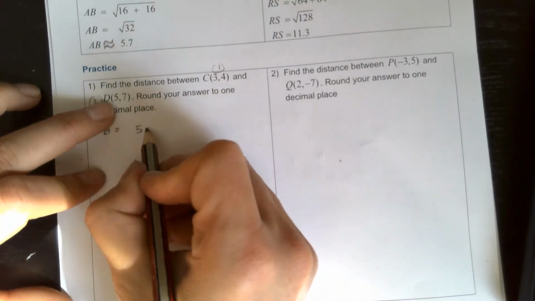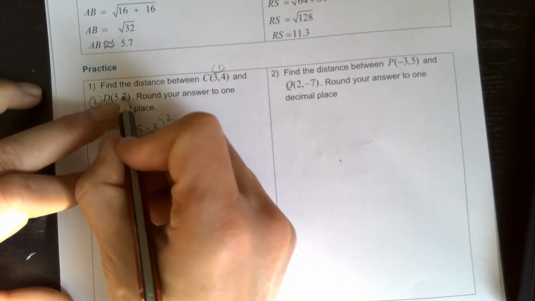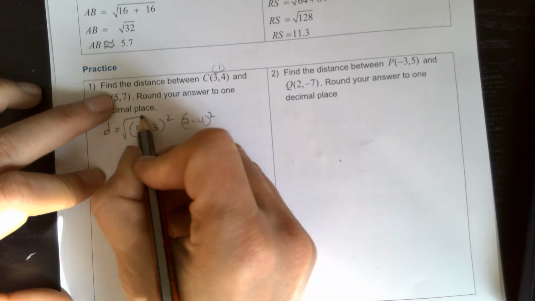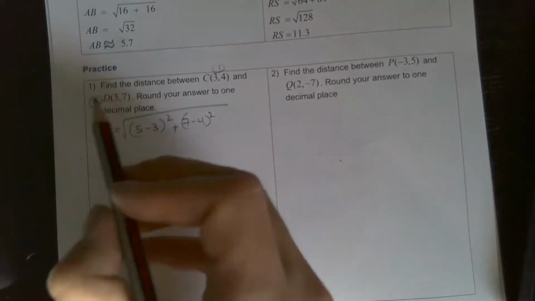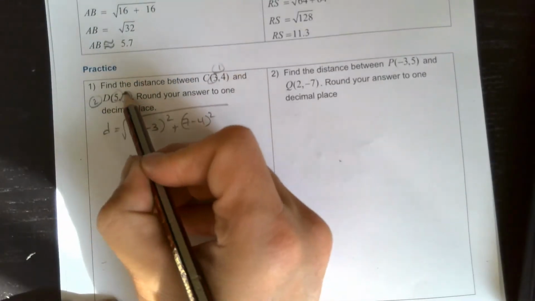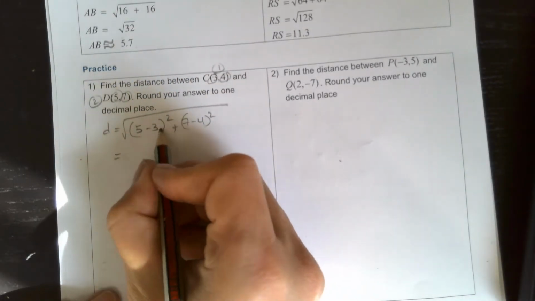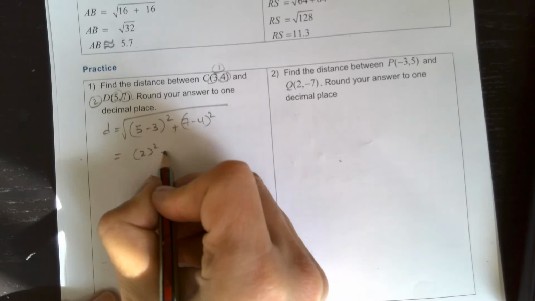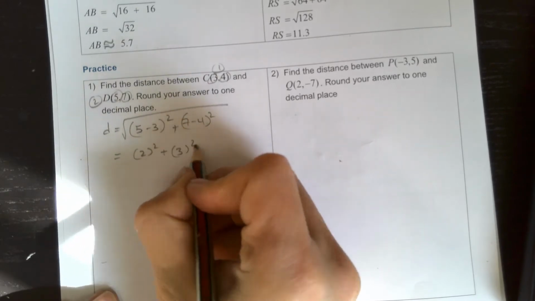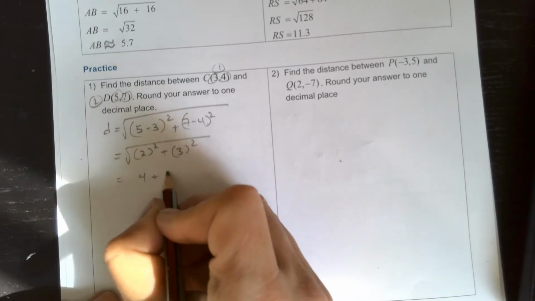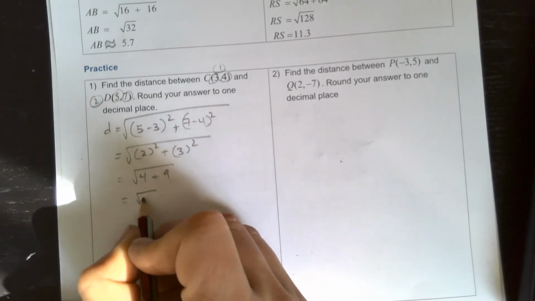So 5 subtract 3, 7 subtract 4, and add them together. So I just go this subtract this, this subtract this, add them and put them together. So now 5 subtract 3 is 2, 7 subtract 4 is 3, and 2 squared is 4, 3 squared is 9, and that's square root of 13.